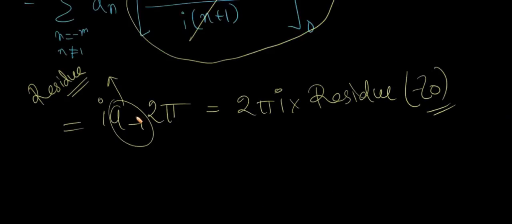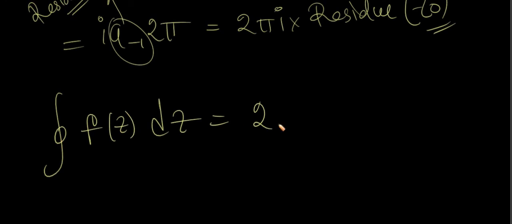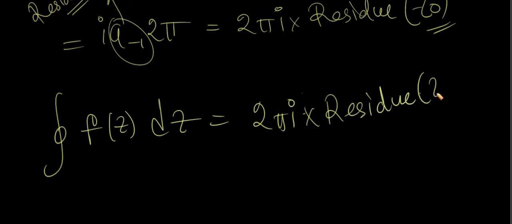Okay, so ultimately you can write the integral of f(z) dz is equal to 2 pi i times the residue of z0. That means this is a residue for the singularity z0 or a pole.